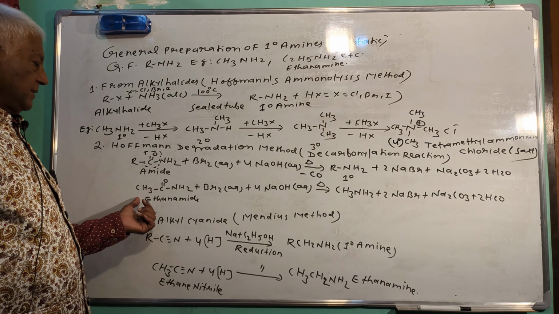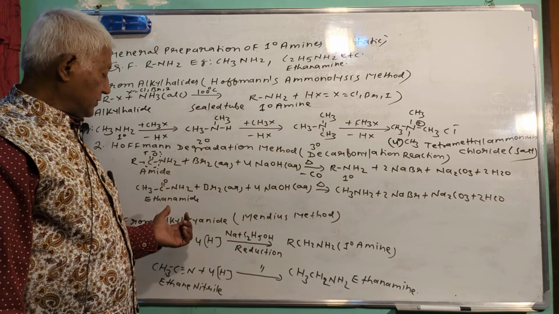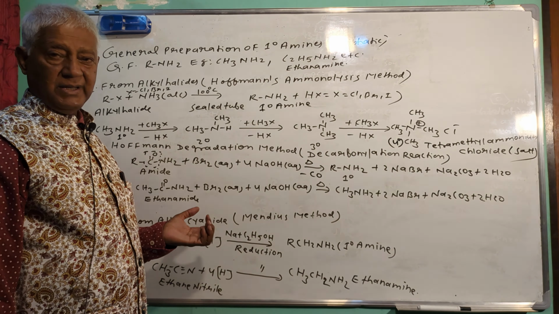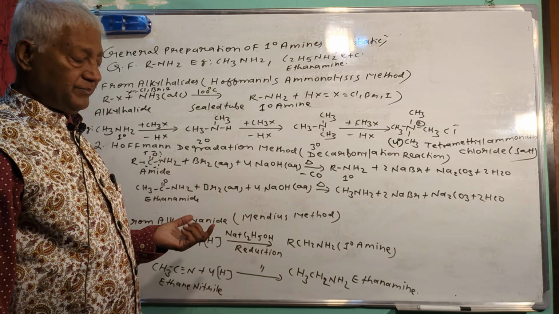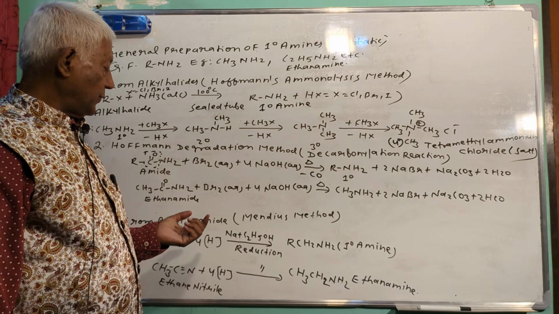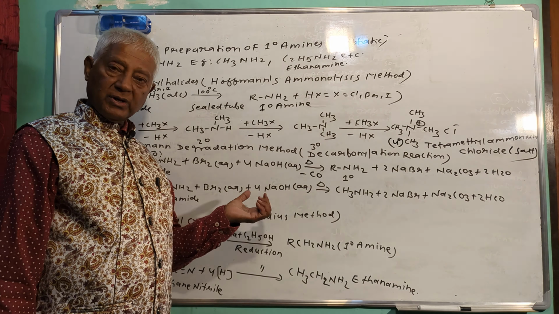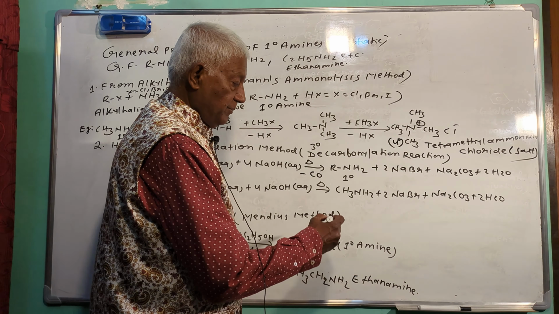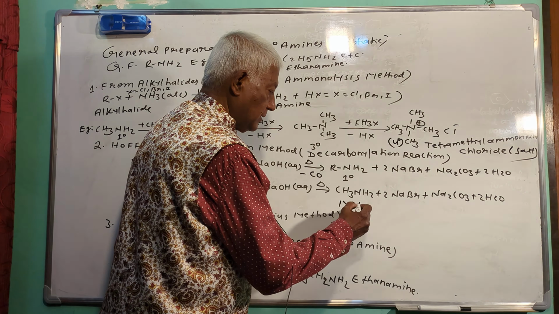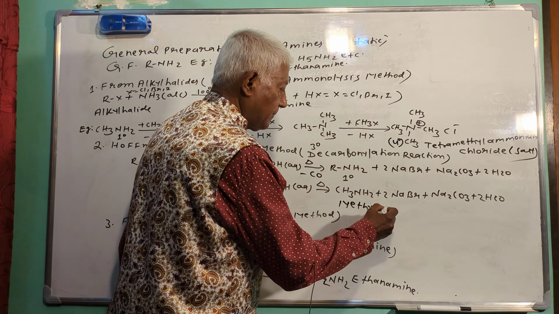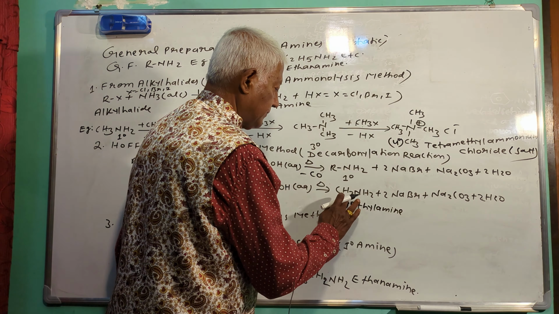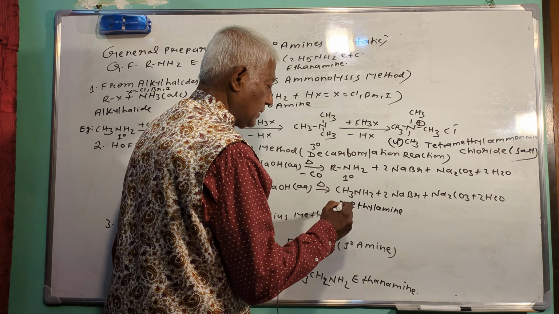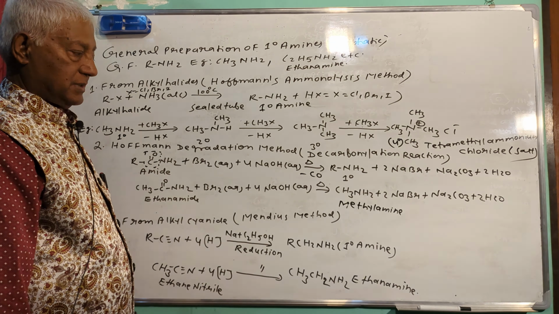We can take a very simple example: ethanamide, with 2 carbons. When it is treated with an aqueous solution of bromine and sodium hydroxide and heated, we get methylamine, with side products like these.